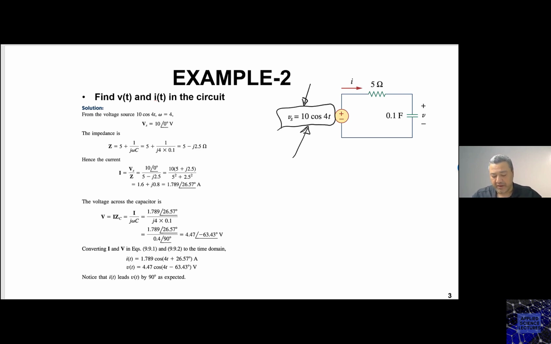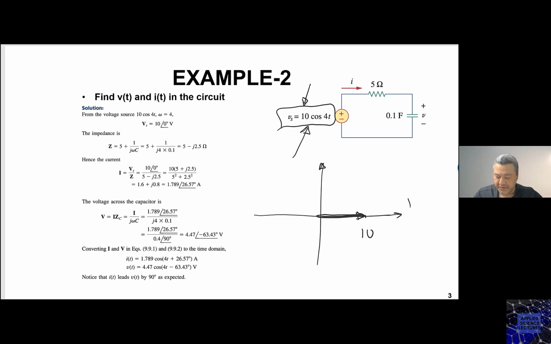Those signals, if you remember, if I am to represent this signal in a polar representation, and of course based on the cosine here, I have a phase of 0, right? So right here, I have this 10 and a phase of 0.